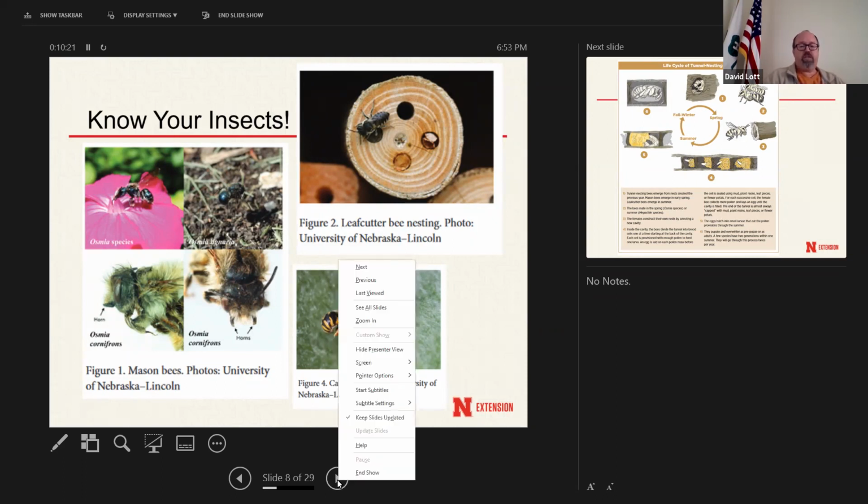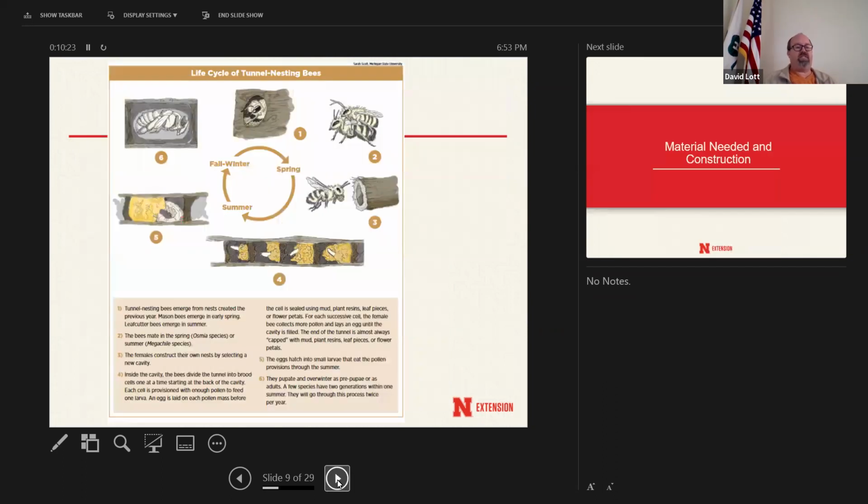The next one is to also be thinking of the life cycle. And I'm just showing you one life cycle of like the leafcutter bee. This is the publication from Michigan State, and it is a really good one. It talks about the life cycle of when this is happening.